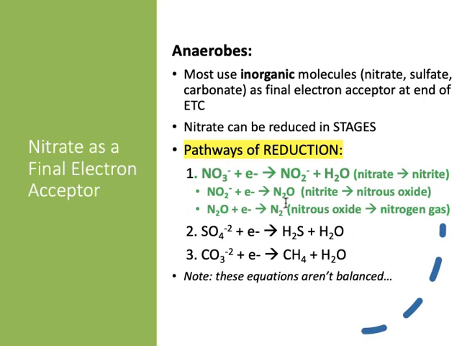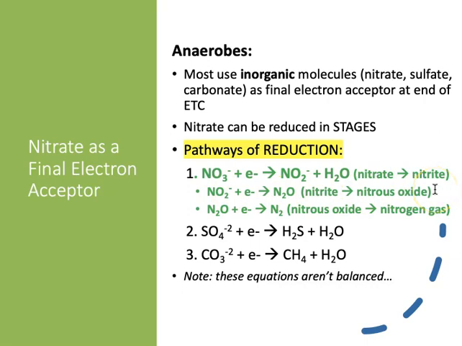It turns out that some microbes that use nitrate as their final electron acceptor are going to follow this first pathway and then stop. They're going to reduce nitrate to nitrite and then stop. But other microbes will continue to perform this reduction. The nitrite will be reduced to nitrous oxide, and then they'll stop.